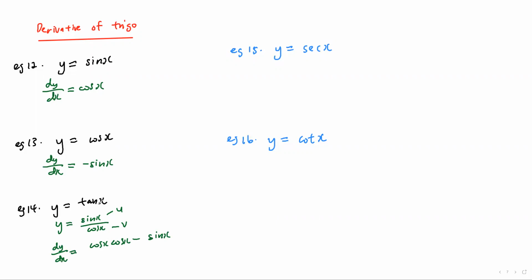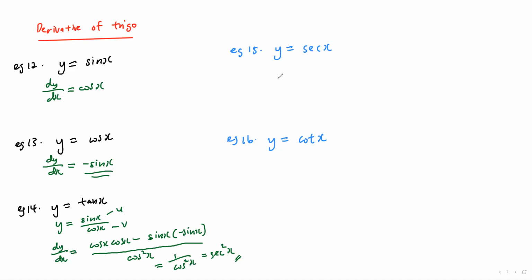So differentiate cosine is negative sine, right? So this is negative sine x, over v square. So over cosine square. So if you notice, the numerator is actually cosine square plus sine square, right? And the trigo identity tells us that this is 1. So this is actually equal to 1 over cosine square x, which is equal to secant square x. Okay, so that's how we arrive at secant square x.